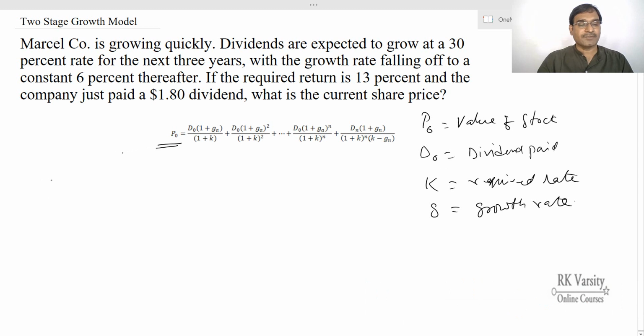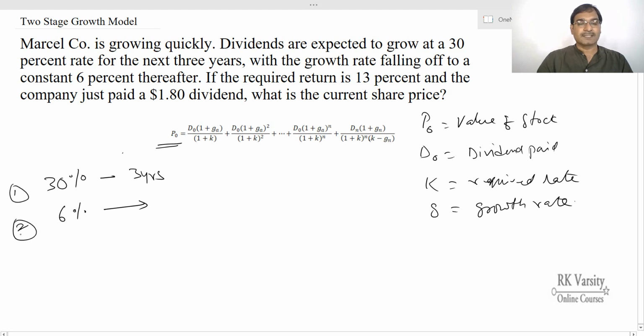So the first stage of growth is 30% for 3 years, with the growth rate falling off to a constant 6% thereafter. The constant rate is 6% for an infinite time period. So you have two growth rates: one is 30% and the second is 6%.